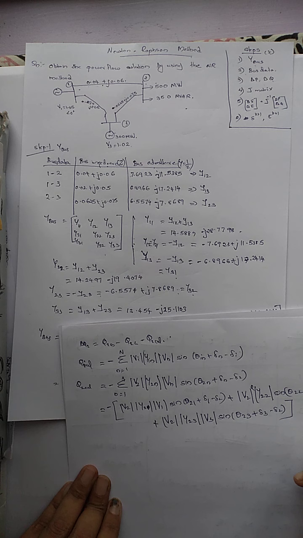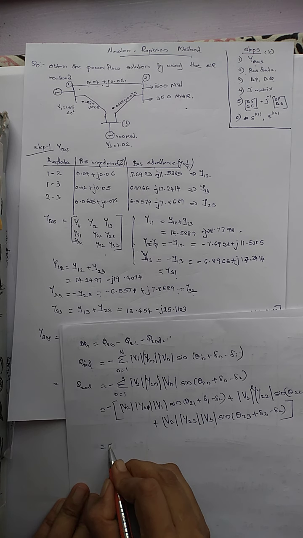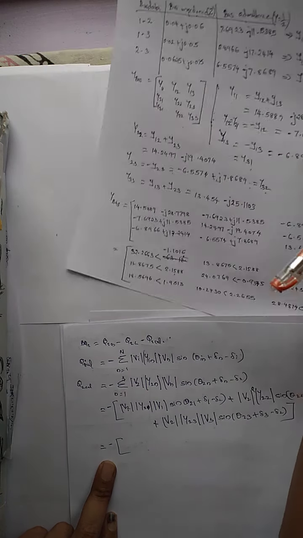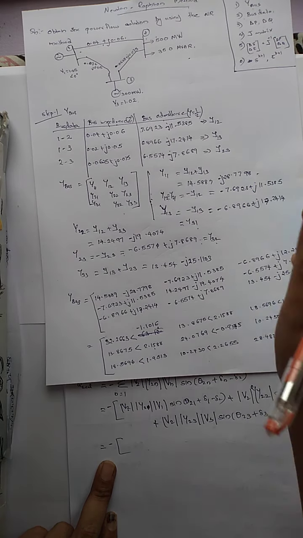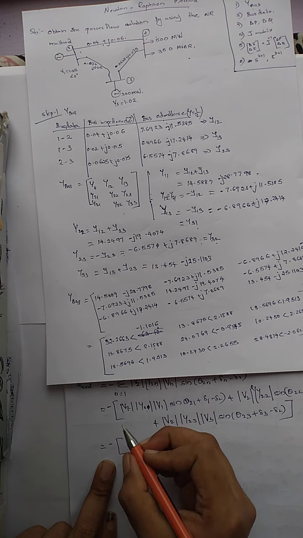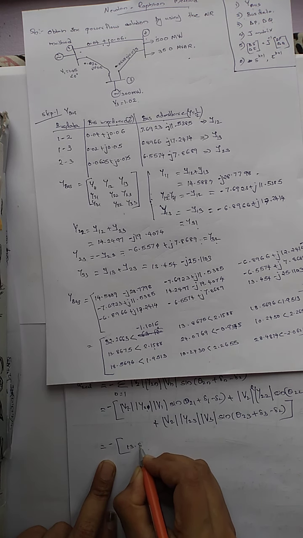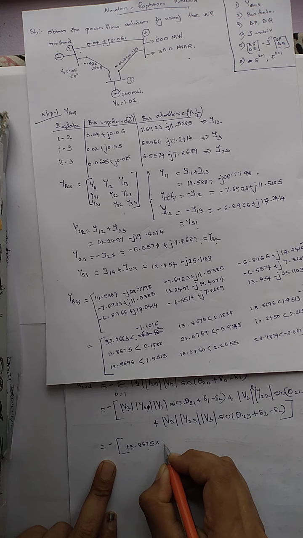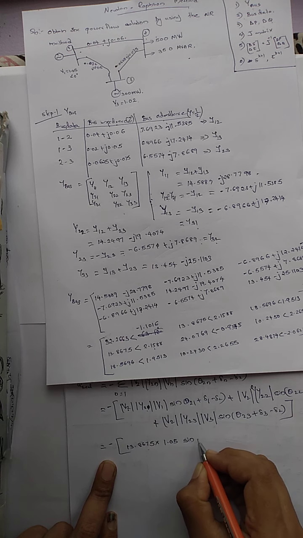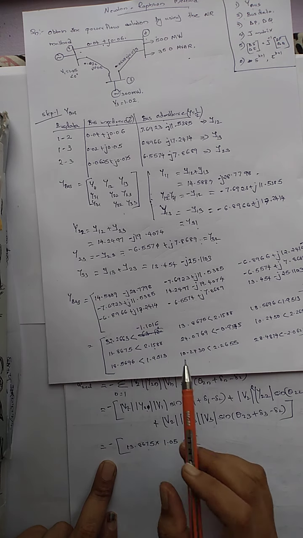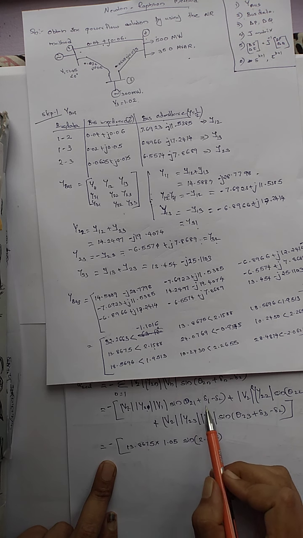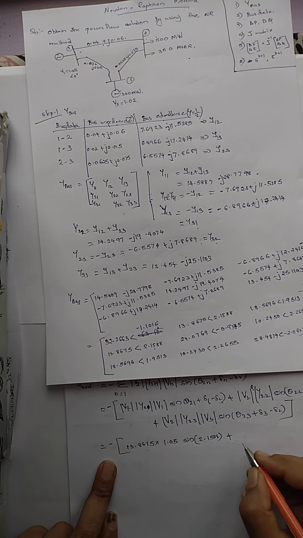We have to substitute the corresponding values. Y22 value is 24.0769, V2 value is 1 angle 0, and Y21 value is 13.8675 into V1 value 1.05 into sine of theta 21. What is theta 21? It is 2.1588, and delta 1 and delta 2 value is 0, plus V2 square.